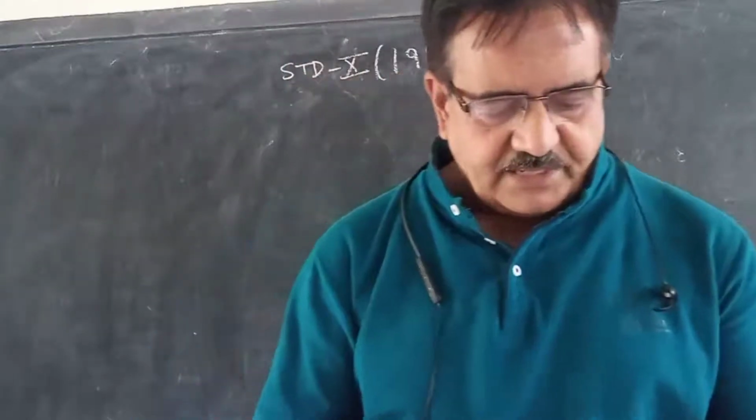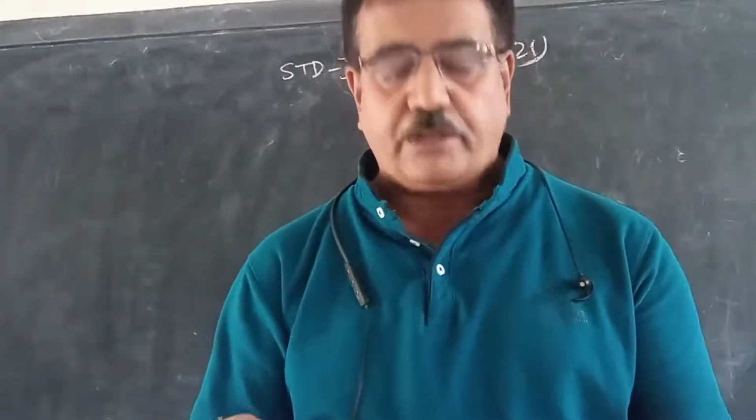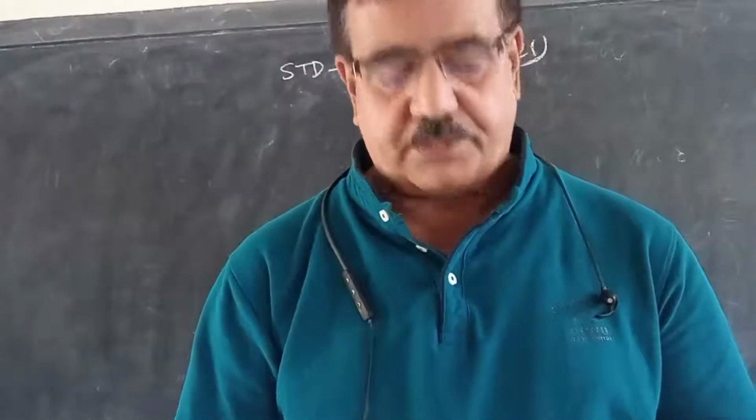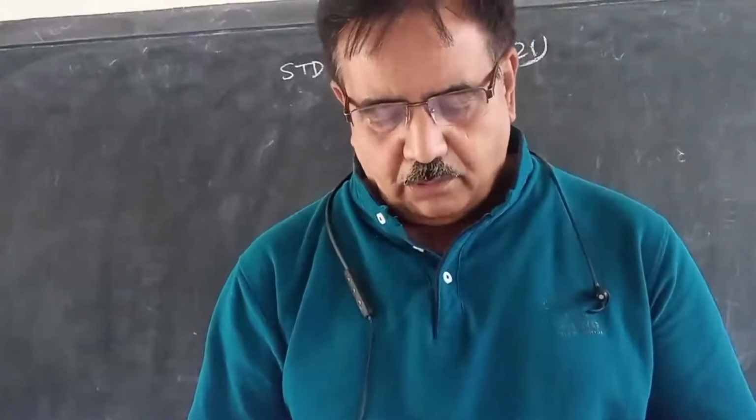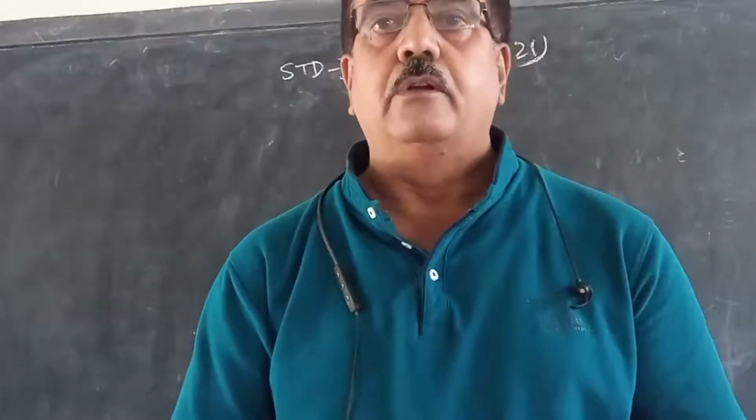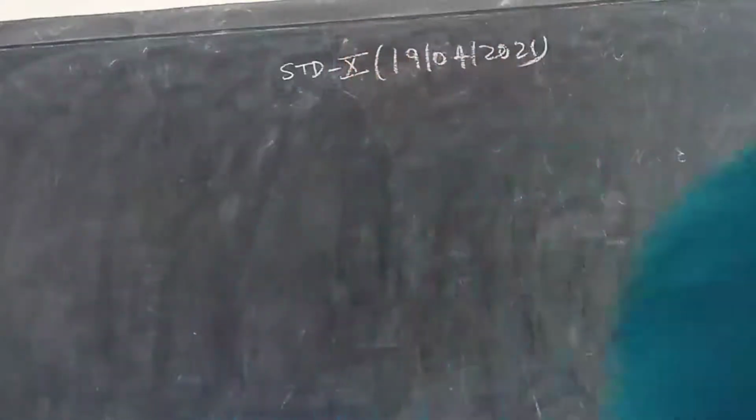8.1, question number 2, first. If a matrix has four elements, what are the possible orders it can have?